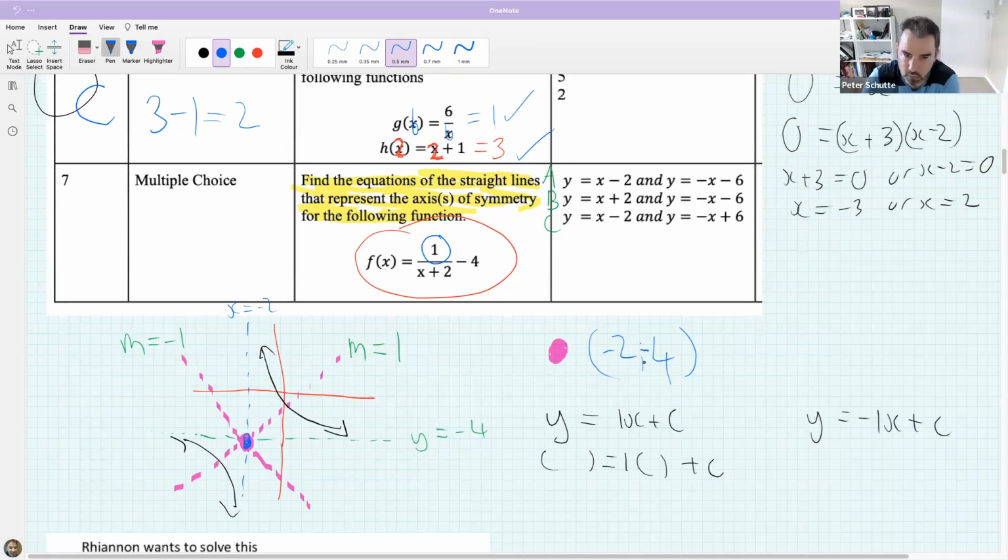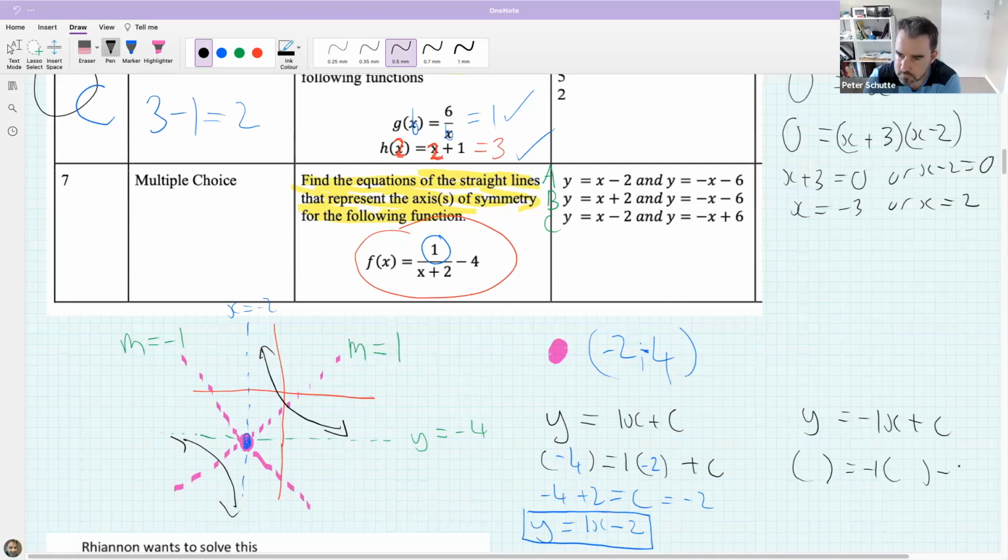Oh, this should be -4. Sorry, I wrote that wrong. That should be -4, and that should be -2. So that's -4, and that's -2. Oh, wait, what's going on here?